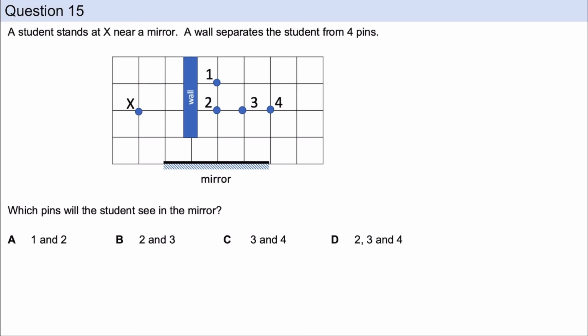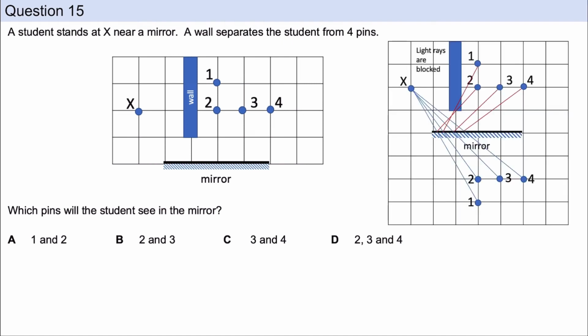Question 15. Test your understanding of reflection. Here we have a student separated by a wall with 4 pins, and which pins will the student see in the mirror? The first thing you should do is draw the images of pin 1, 2, 3 and 4. From these 4 images you will draw a light ray to X. And from this light ray you will draw from the object to the point of incidence in the mirror.